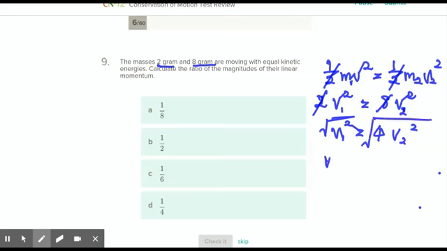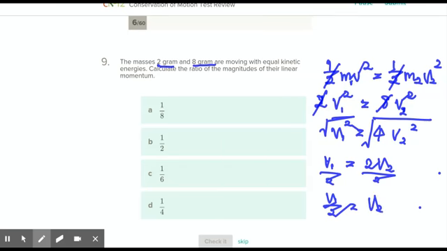Okay, v1 is equal to 2 v2. All right, and then that means divide by 2. So v1 divided by 2 is actually v2.